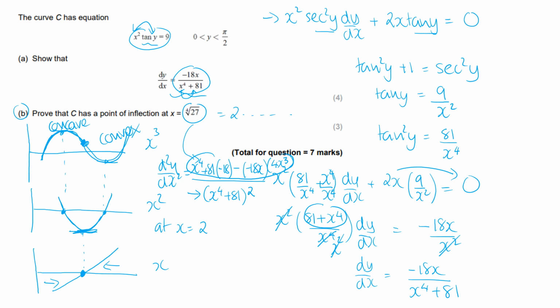At x equals 2, the second derivative is less than 0, it's negative, and at x equals 3, going the other side of the point of inflection, the second derivative is positive, so we have a change of sign. And also at the 4th root of 27, the second derivative is equal to 0. So that's telling us we've got a point of inflection.